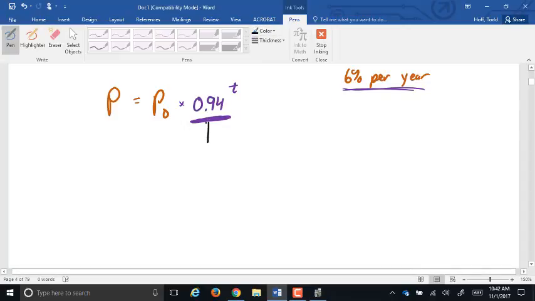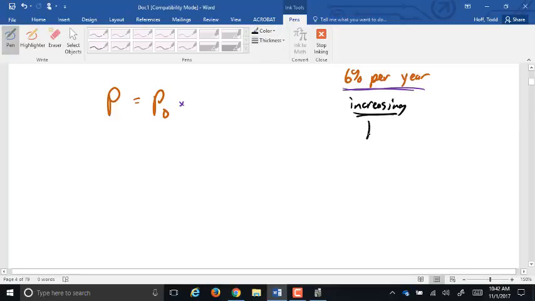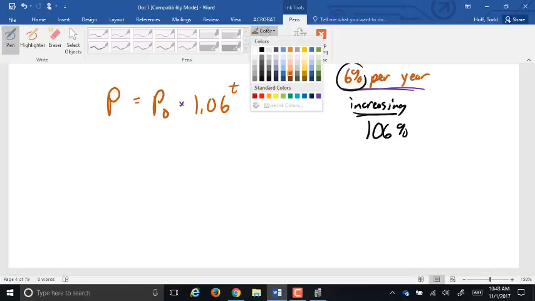Why would it not be 0.94 here? Perfect. This is increasing. 100 minus 6 would be 0.94. That would be decreasing. So we don't want the 0.94. What do we want in there? 106, right? 100 plus 6, which comes out to be 1.06 to the power of t.